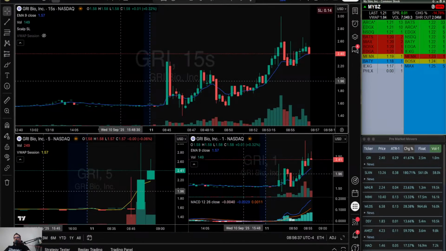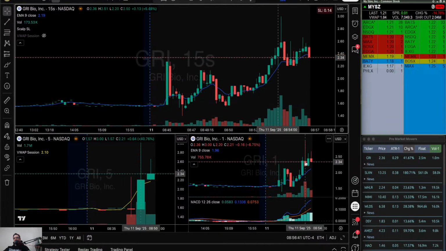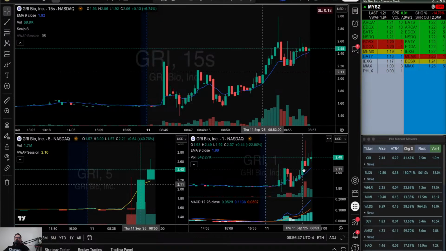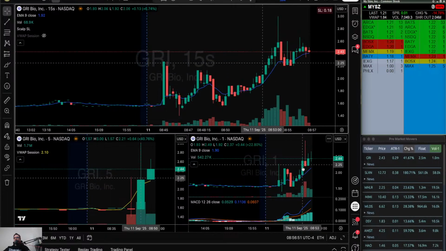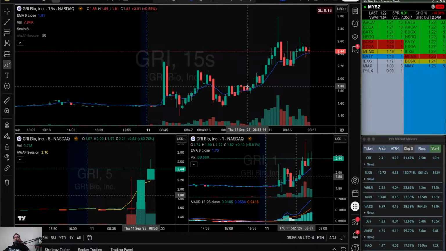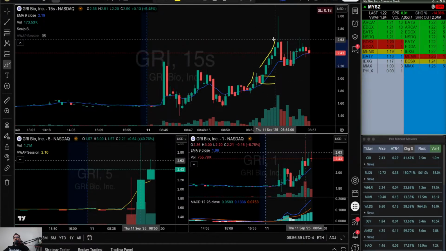You just can't. Don't like that topping tail in the 1 minute. Look at that. Topping tail in the 1 minute. Do not like that at all. Nada. I mean, you could, making higher highs, higher lows right up in this area in GRI, which means you have a run up here, you get in here, stop down here, and take your money.